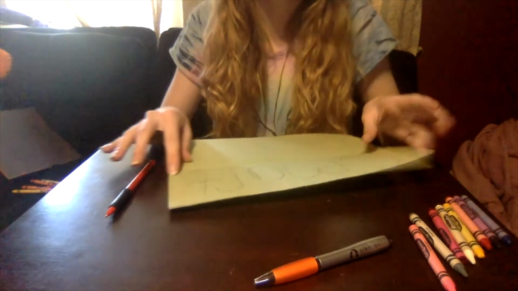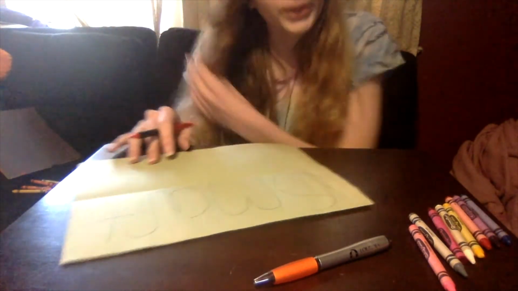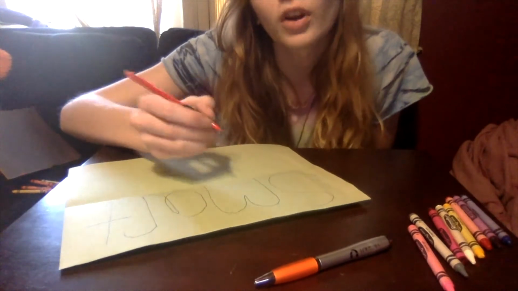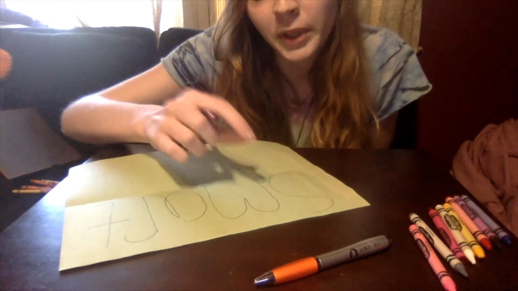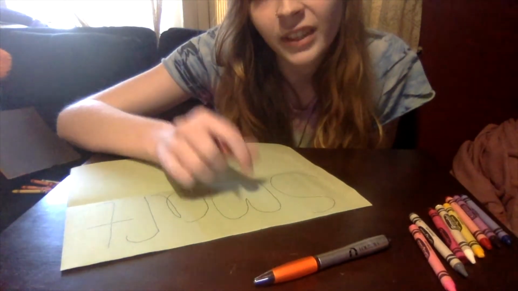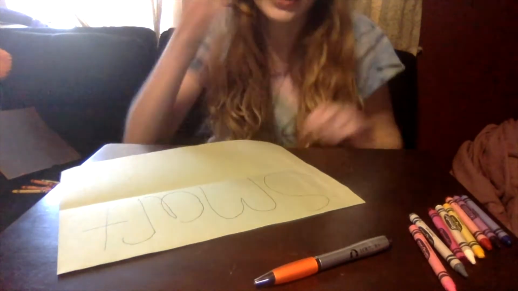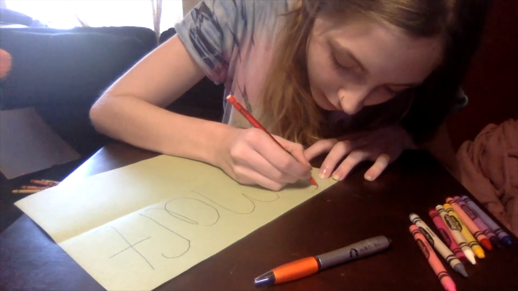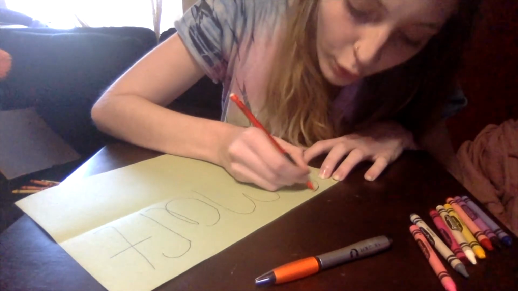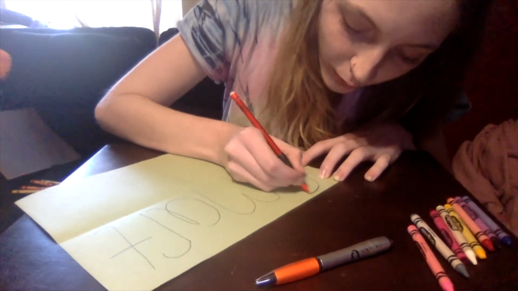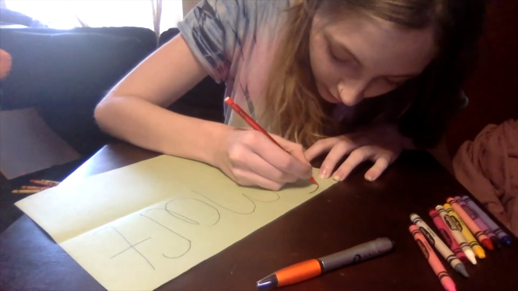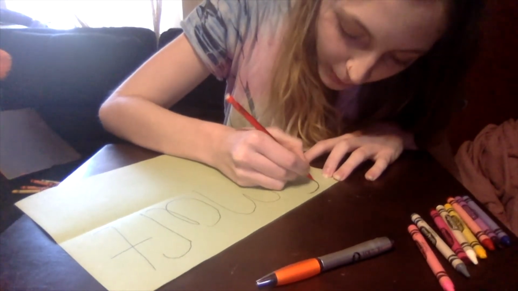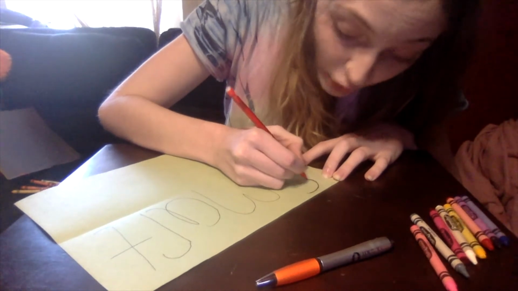Now, the next thing that we're going to do is we're going to retrace over this, and we're going to go as hard as we can with the pencil so that we leave a nice powdery graphite. It'll help us transfer it later on. We're going to use a little back and forth motion to do this. Make sure you don't break your pencil though, or at least try not to.